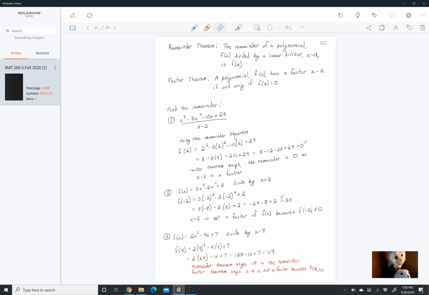Okay, in the last 3 minutes, let's prove the remainder theorem. It's a very simple proof. It's not necessarily intuitive though, which is why I'm not asking you to do it on your own. I'm going to walk you through this one.